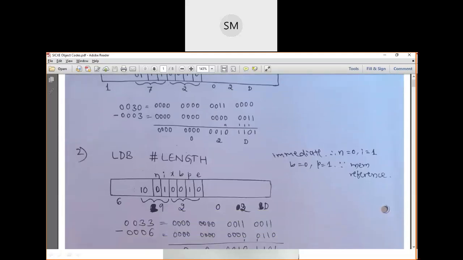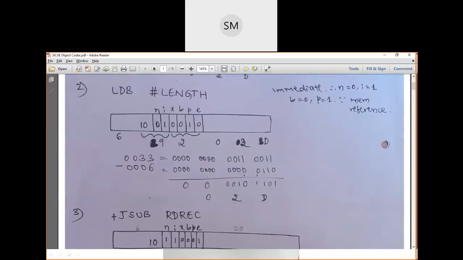Okay, come to the second instruction, LDB #LENGTH. Since hash is there, it is immediate addressing mode, so N will be 0, I will be 1. Since these instructions use memory reference, we have to use either program counter relative or base relative addressing mode.